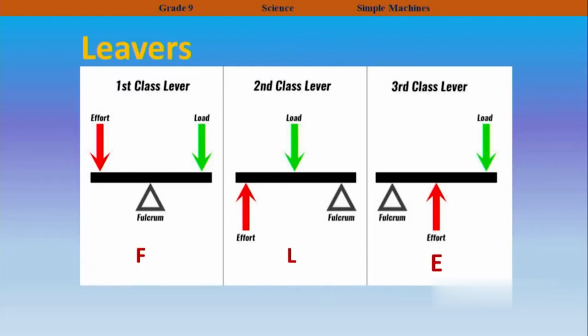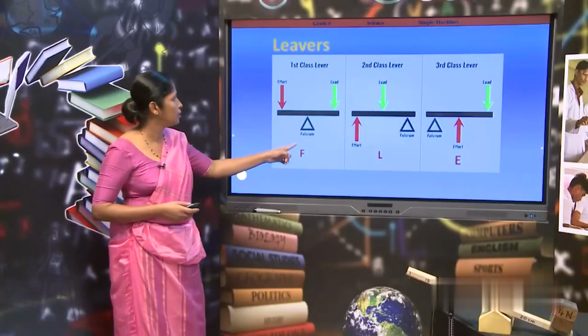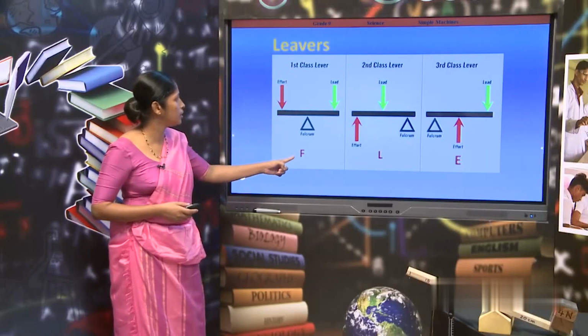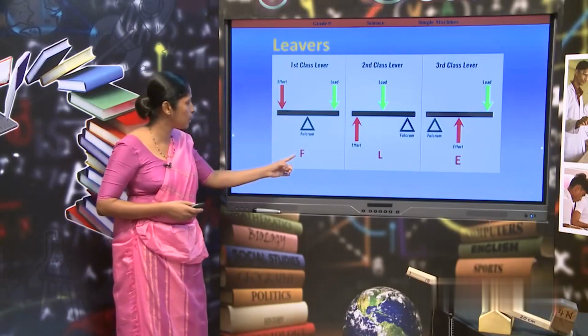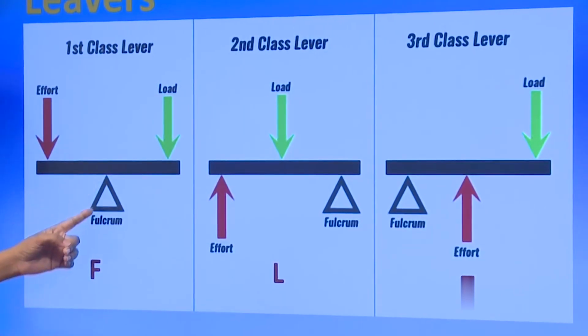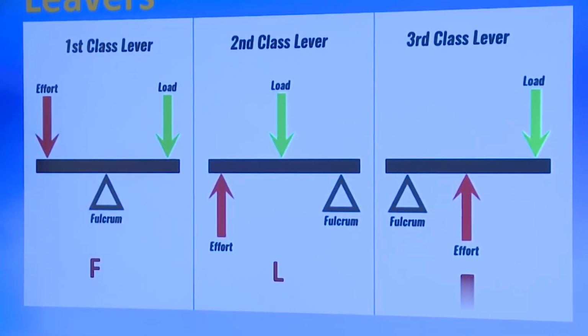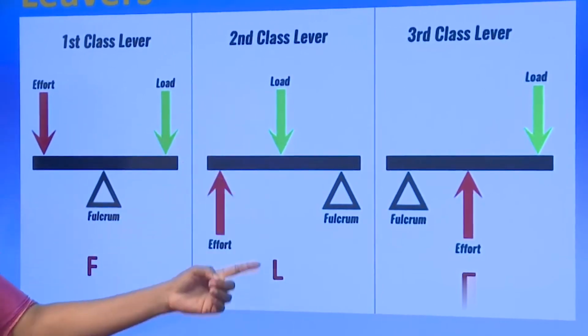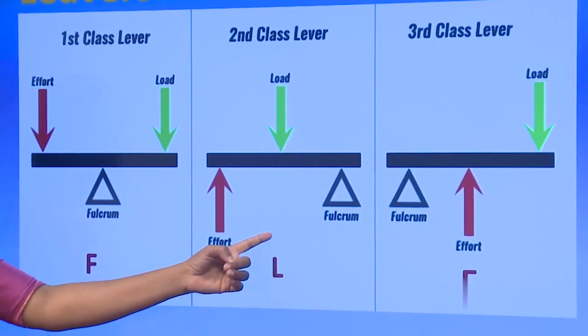If you feel difficulty to remember, you just write FLE and F in the first class order levers. In the first order levers, F is in the middle. That means the fulcrum is in the middle. In the second class levers, L is in the middle.